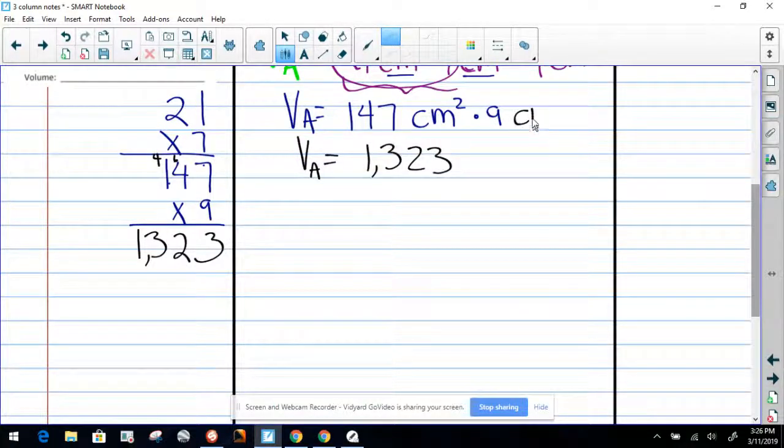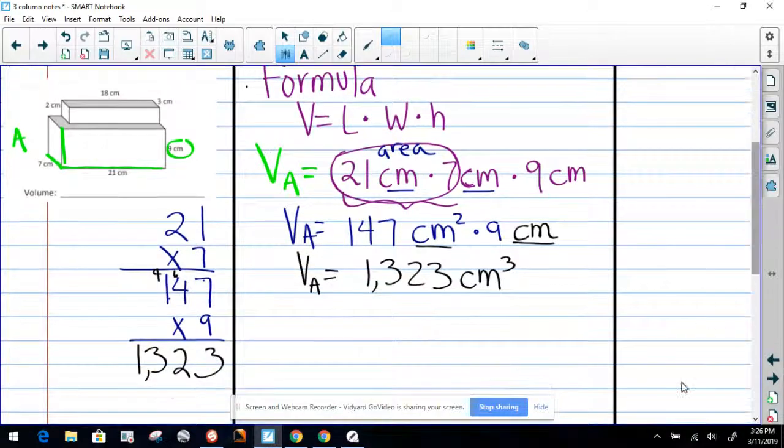Oh, I forgot to write this dimension. We have 3 dimensions here, so that's going to be cubic centimeters. Okay, so that is the answer for A. The volume for this shape only is 1,323 cubic centimeters.